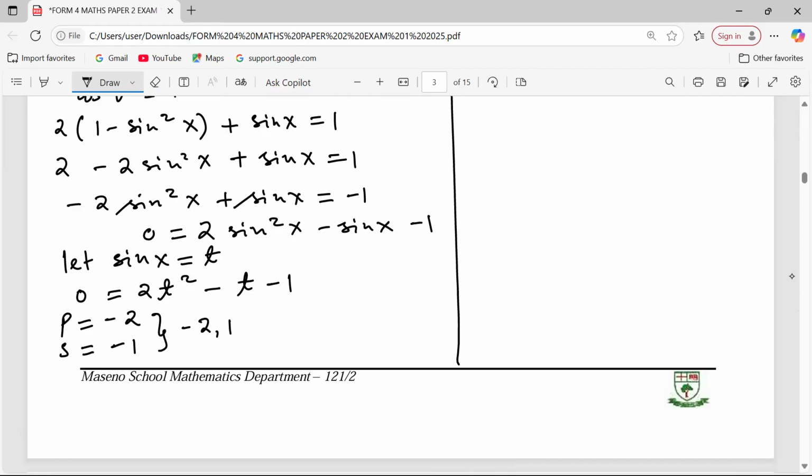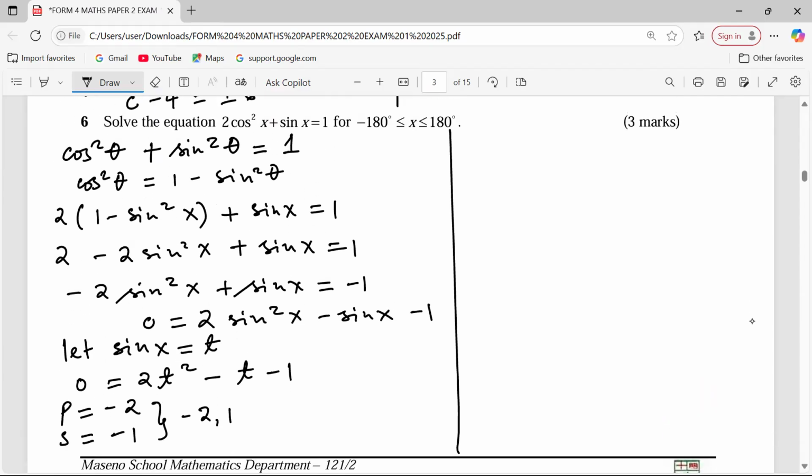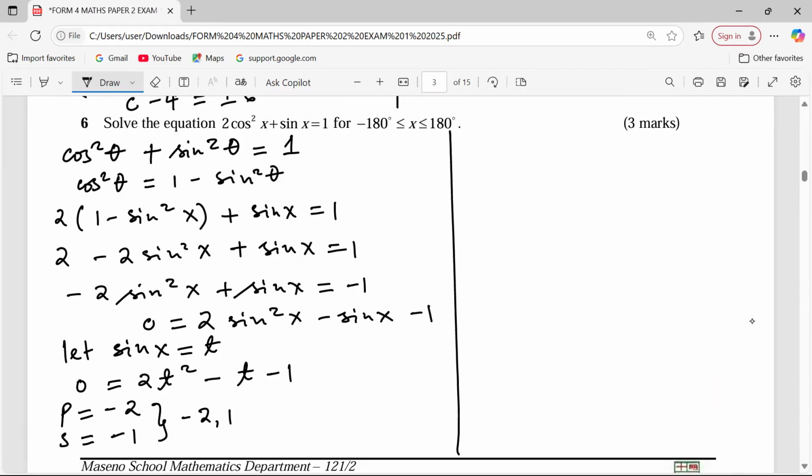So we can now re-express the equation by starting with 2t squared. Then negative t can now be replaced by negative 2t and positive 1t, which is just t. Then negative 1. This is equal to 0.